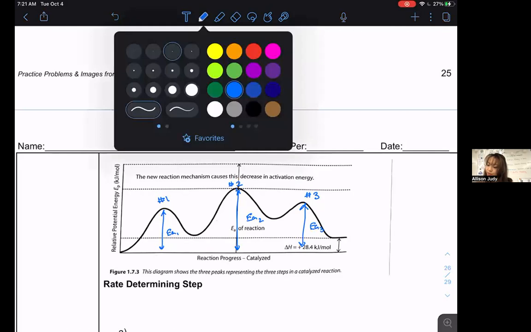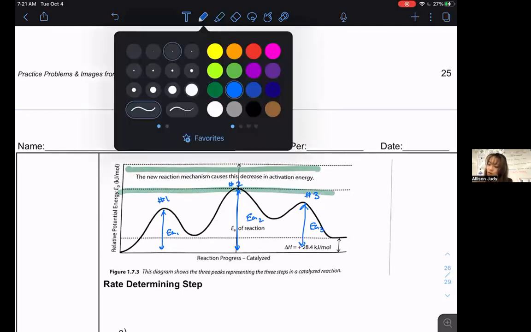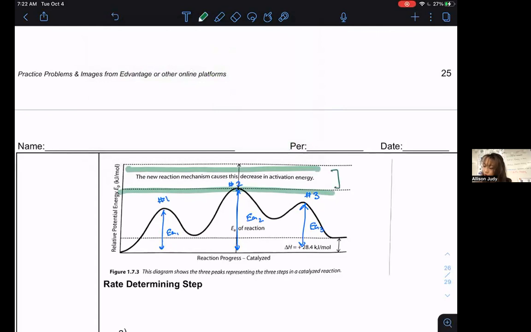The original was up here. We are now down here. So we have overall decreased the activation energy value.